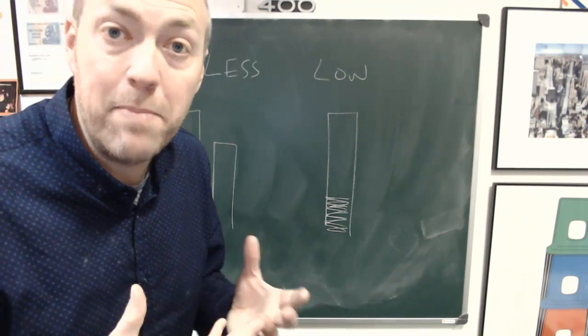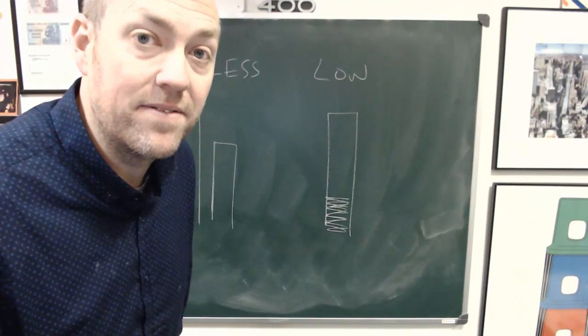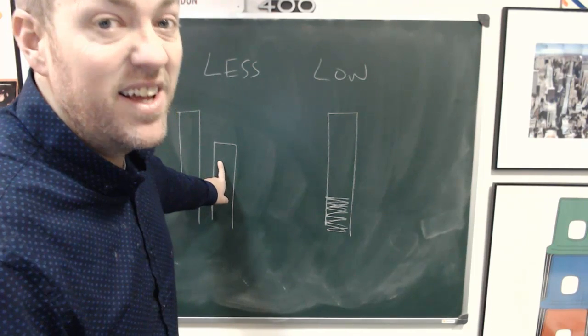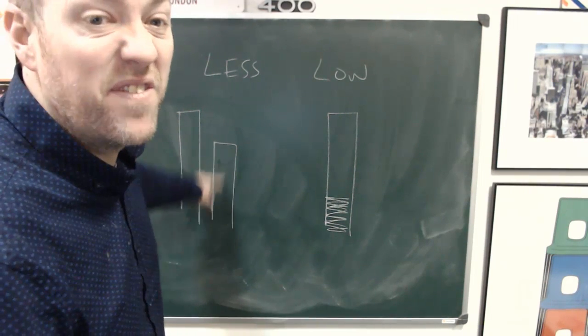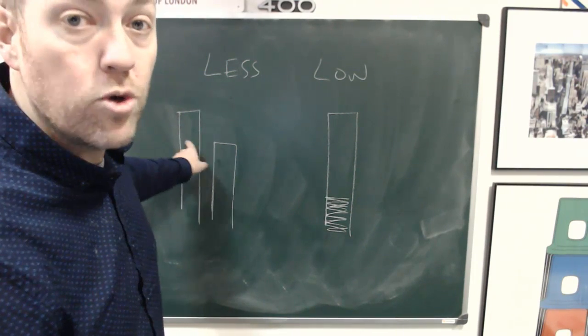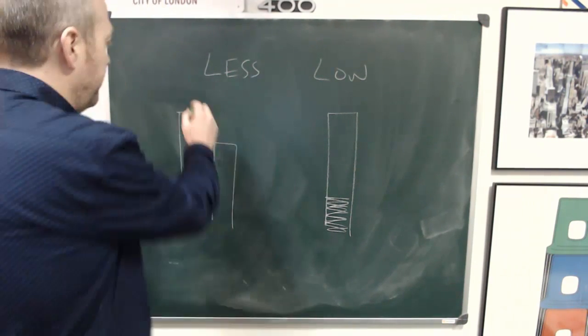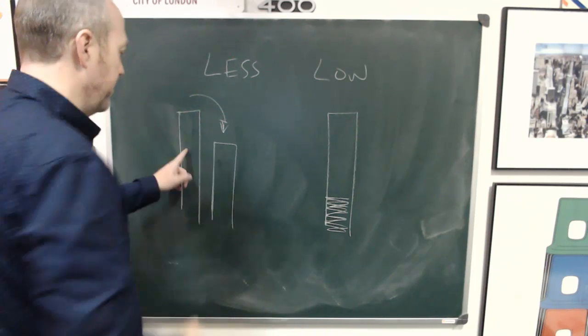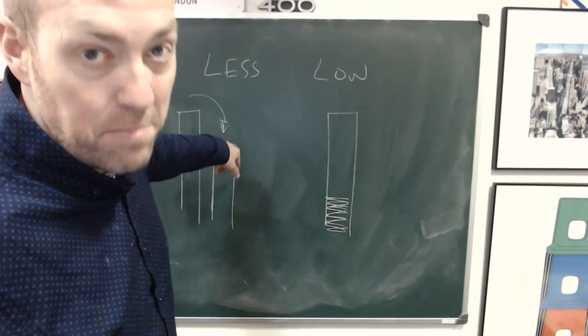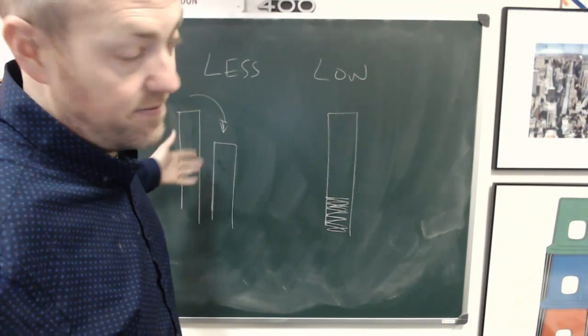Less is to make a comparison. So, for example, I have less of this than of this. Okay? We're talking about a comparison. Like, this month I made less money than last month, for example.